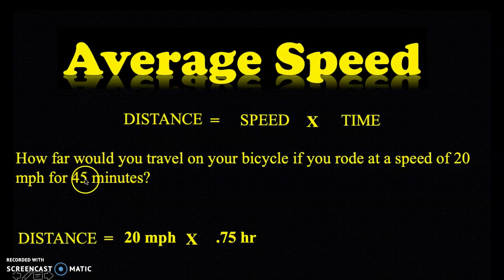I have converted this 45 minutes into 0.75 hours. So that when I do my math, the hour here that's on the bottom and this hour here that's on the top will cancel out, and that leaves me with 15 miles. I will be able to travel 15 miles in 45 minutes at an average speed of 20 miles per hour.